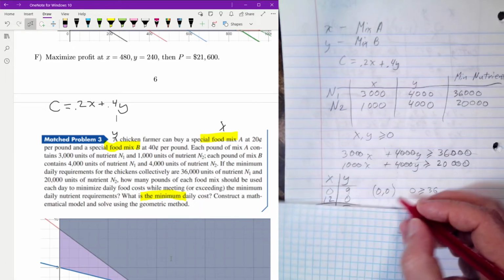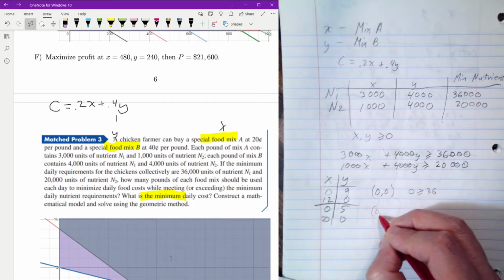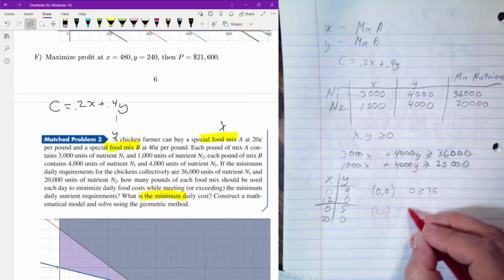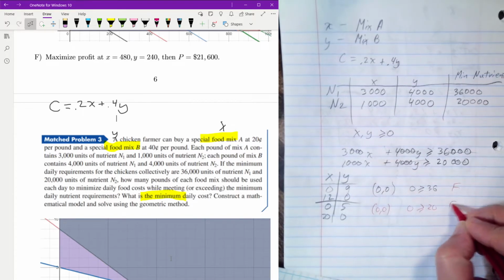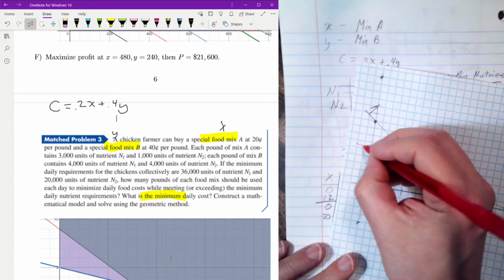And we'll test 0, 0, which gives us 0 is greater than or equal to 20. This is false. So it's not.